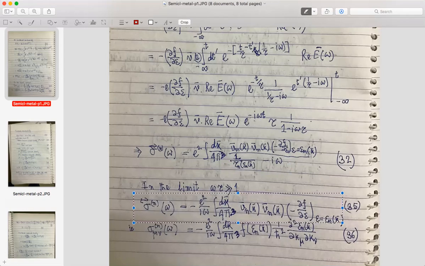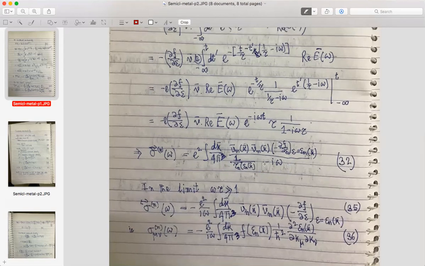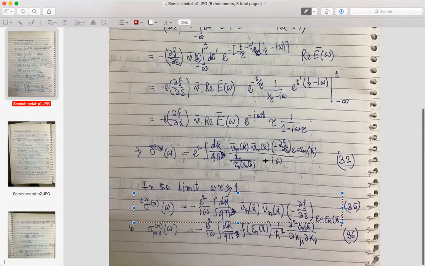Now you do see this peak in real conductivity measurements, but it may not happen exactly at omega equal to 0. There is a low frequency peak, at some omega you do have a peak, which is called the Drude peak.